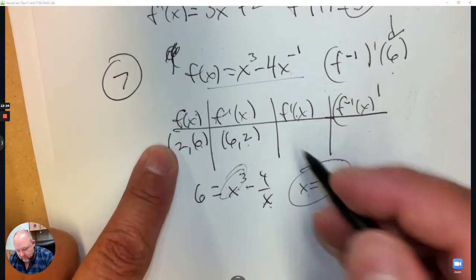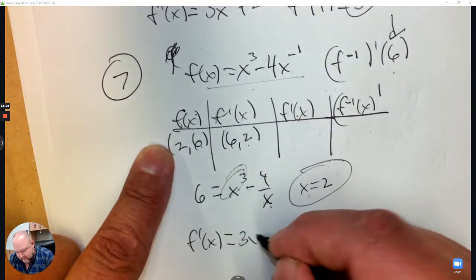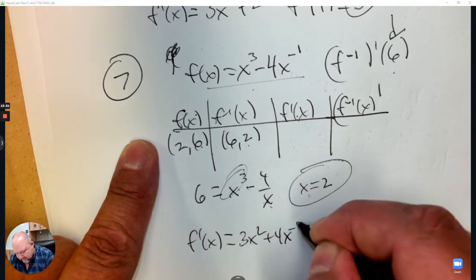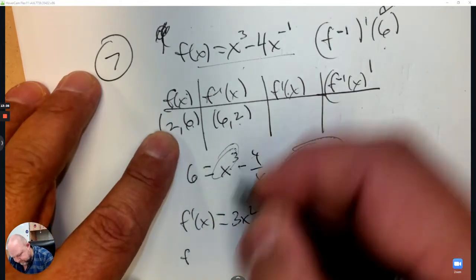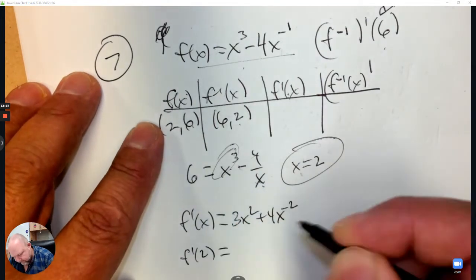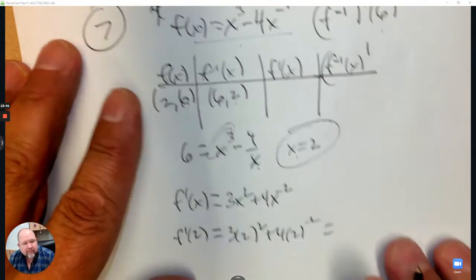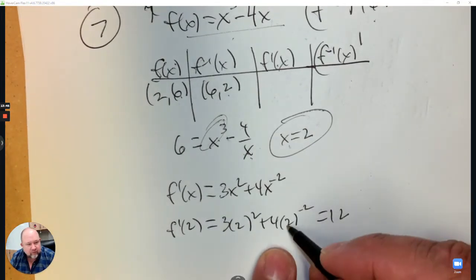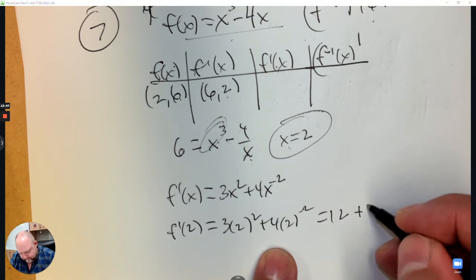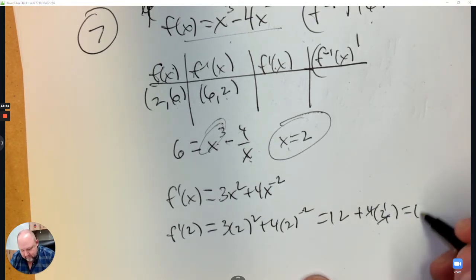So what's the derivative of this? That's 3x squared plus 4x to the negative 2. Plug in 2 into here, so that's 12. 2 squared is 4, but you do the reciprocal, so the 4s cross out, and that leaves you with 13.